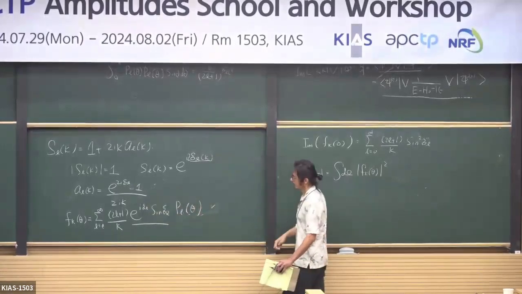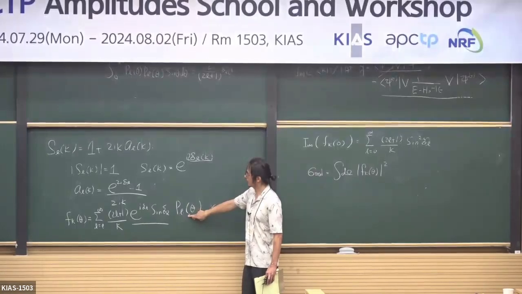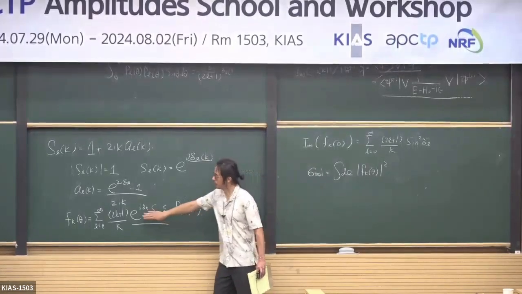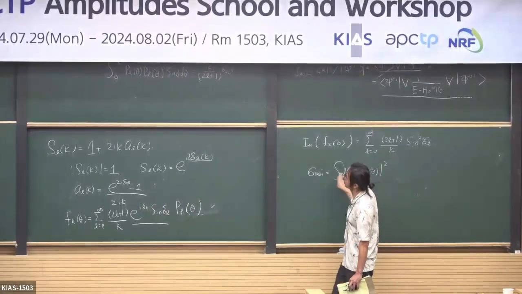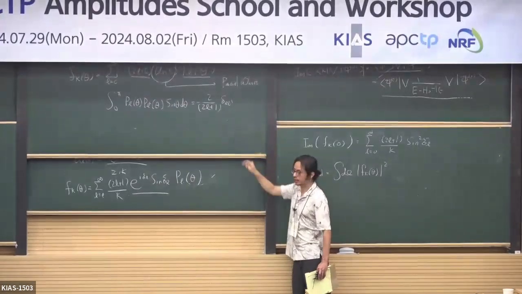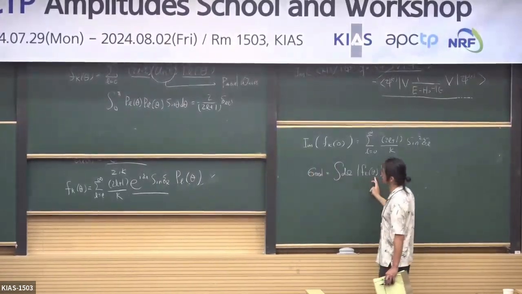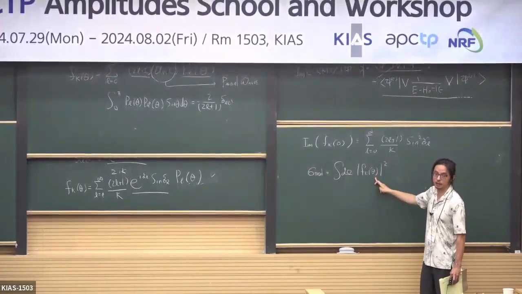You get a sin squared δ_L. You have two P_L multiplying each other. You might think that you have two infinite sums in here that you're multiplying, but remember, because the P_L are orthogonal with respect to your phase space integral, these two infinite sums over L become a single sum because it collapses, and only when L is equal to L prime does it contribute.